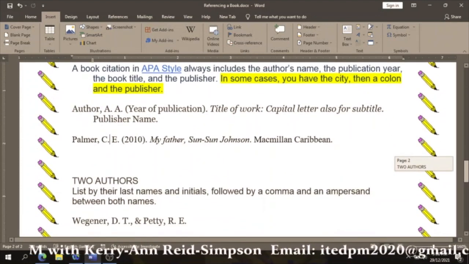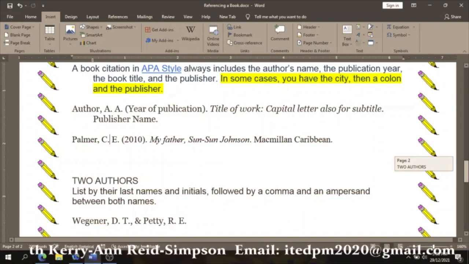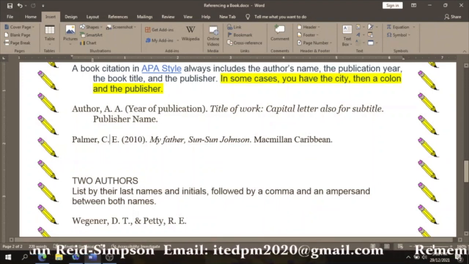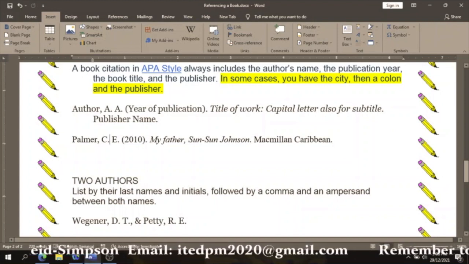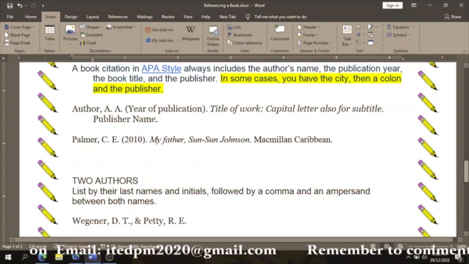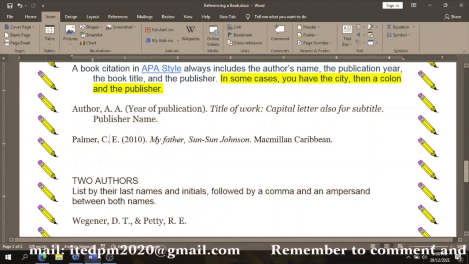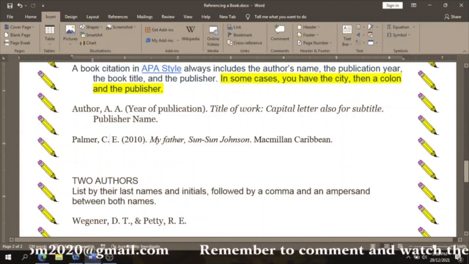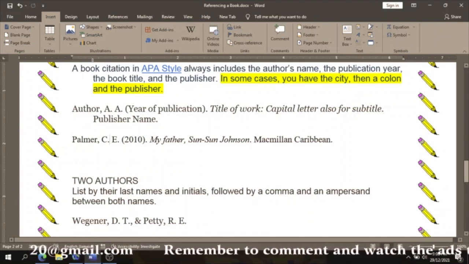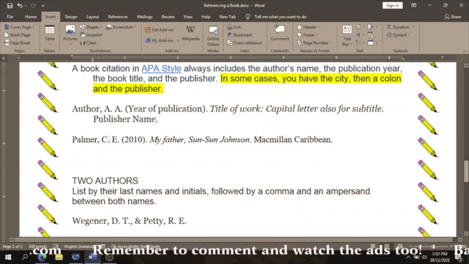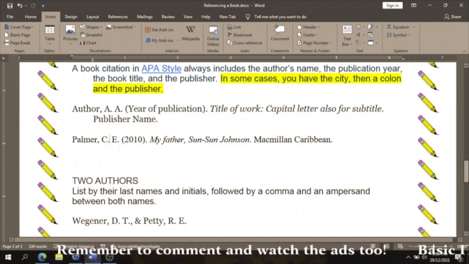What if it is a book that has two authors? If it is a book that has two authors, you would still list the names, starting with the last name, comma, and the initials, just like I had it before. Then a comma and a space, followed by an ampersand.